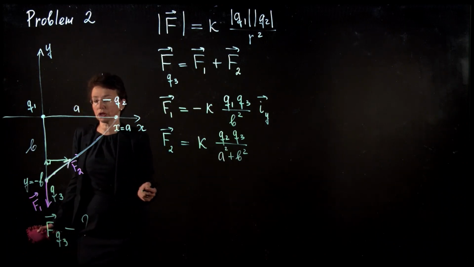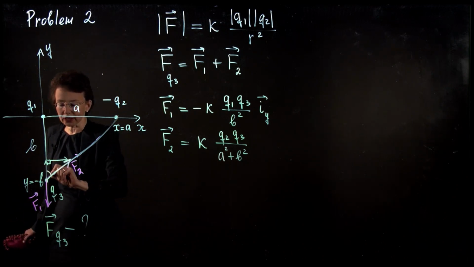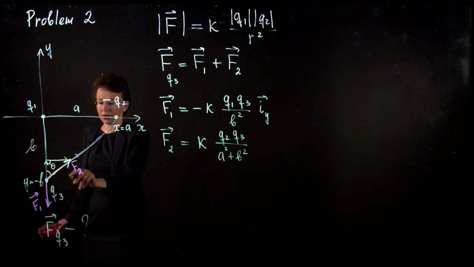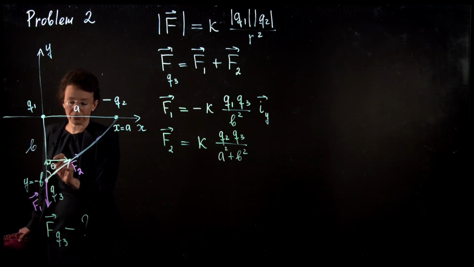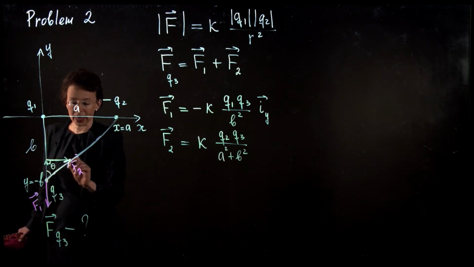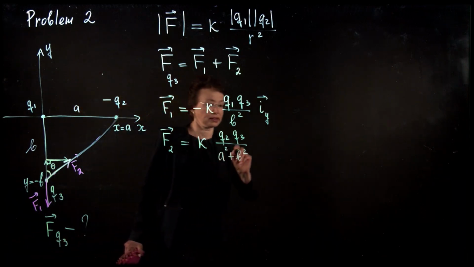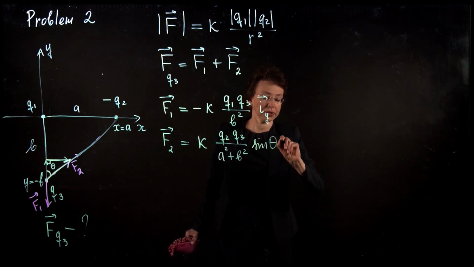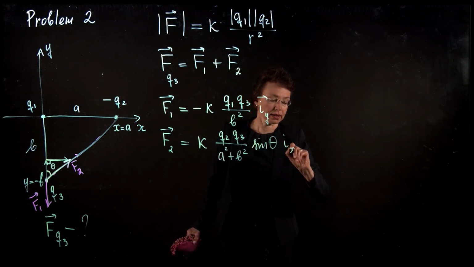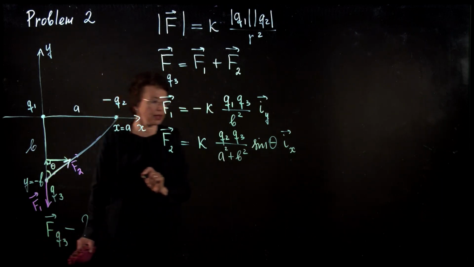So we need to introduce an angle. Let's introduce this angle theta. If this is theta, then for the x component I will have F2 times sine theta, and this will be ix, since we introduced the angle with the vertical.